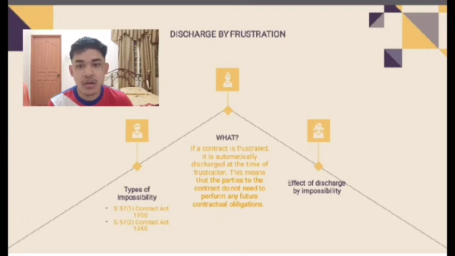Next, also under Section 57 Contract Act 1950, a contract the performance of which had become impossible or unlawful after it was made due to some event the promisor could not prevent, is said to have been frustrated, the doctrine of frustration, and becomes void.